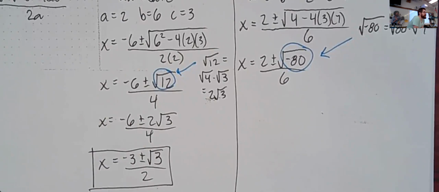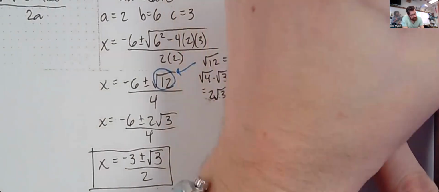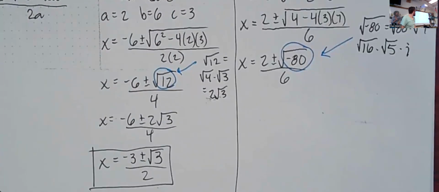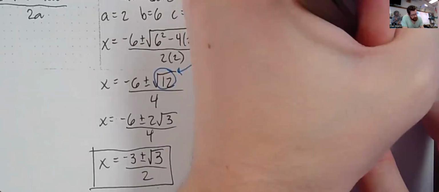Or if you think of it this way, if 4 is a perfect square factor of 80, which it is, what is a multiple of 4 that is also a perfect square? 16. 16 times what equals 80? 16 times 5. Cool. So this is going to be the square root of 16 times the square root of 5 times I, which is going to be 4I root 5.